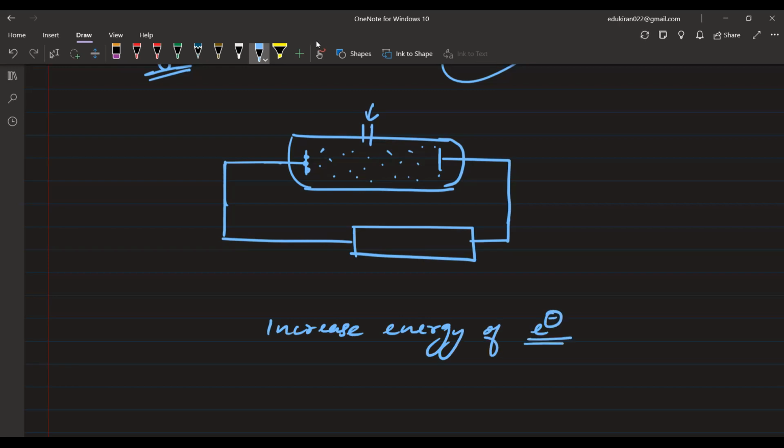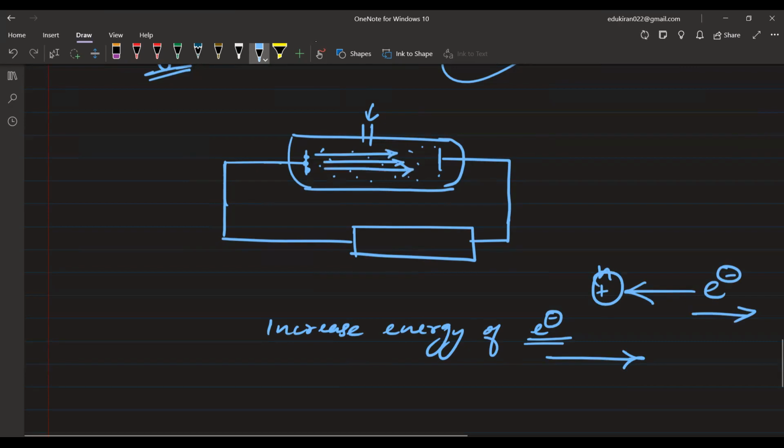Then the valence shell electrons will be popped out away from the nucleus. The nucleus is attracting the electrons, but once you have very high energy, these electrons will be popped out because of this high voltage. And once they are popped out, we saw that there was a ray of light like this. But what the experimentalists saw earlier, I will have to stop sharing the screen first.